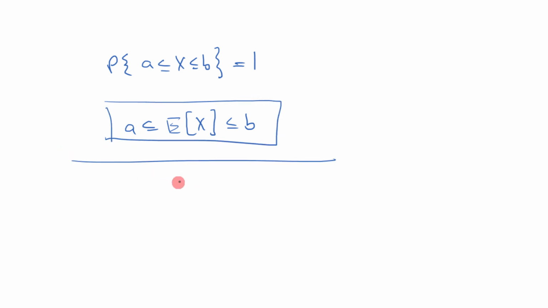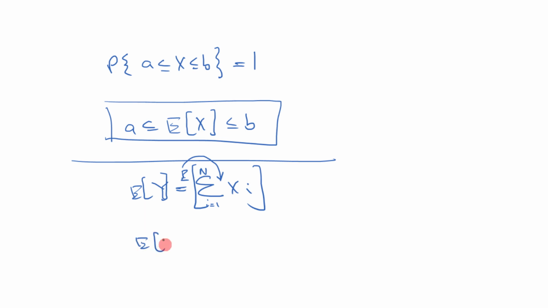Similarly, let's suppose you find the summation of n random variables, and you want to find the expectation of this random variable y. Because expectation is a linear operator, you can interchange this summation and expectation.